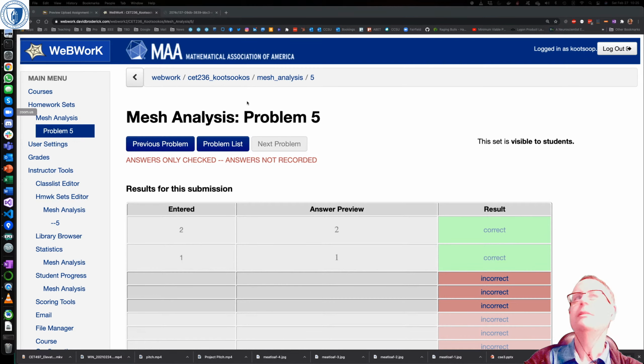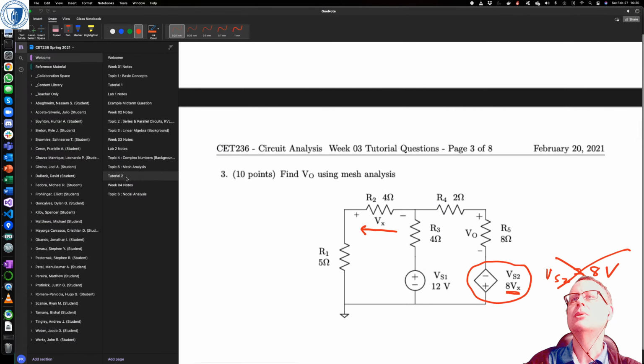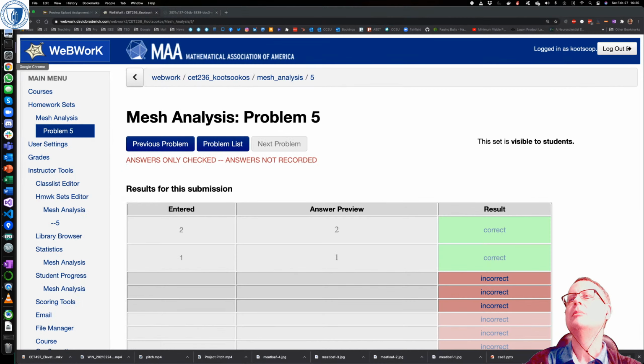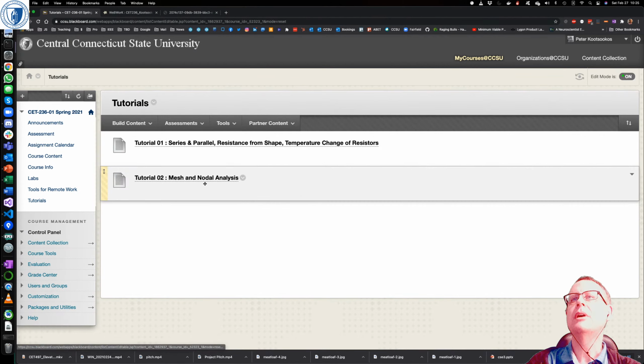And so, before we do that, let's have a look at the tutorial sheet. Right, you should have access to the tutorial sheet. Let me check. I think I uploaded it here. It's available in Blackboard.